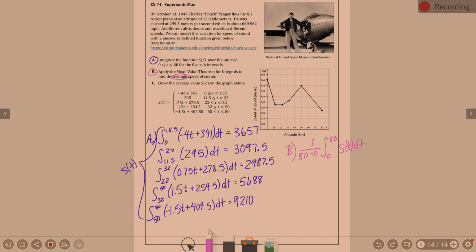Now, that fraction out front is easy enough. 1 over 80 times, what about the integral from 0 to 80? It's going to be those 5 values we just found added up. Because remember, an integral can be broken into different subpieces, and that's what was done here.